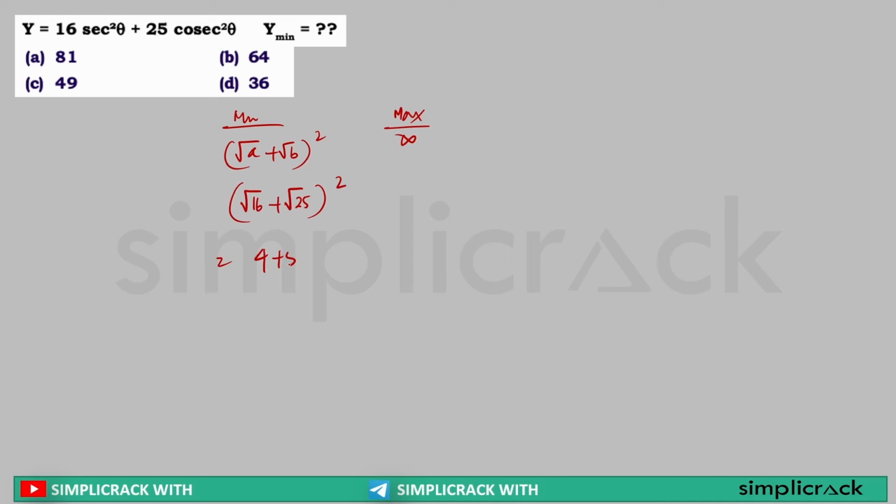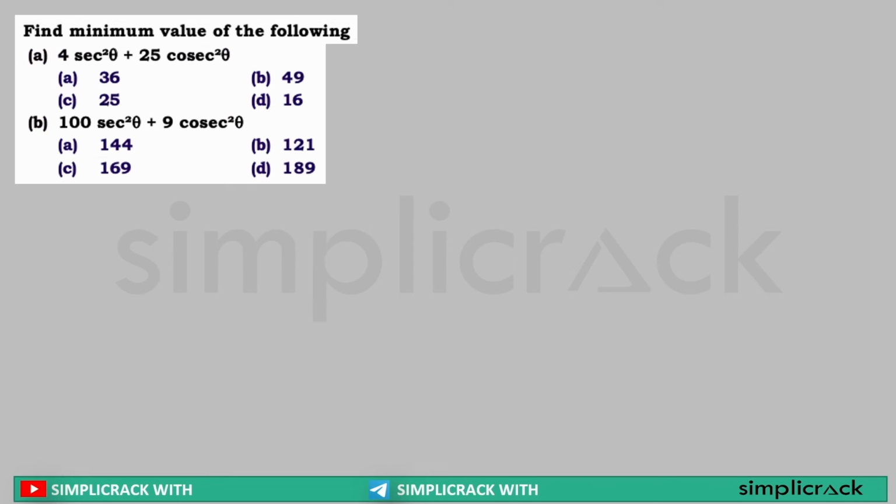Sir, 4 plus 5 whole square, that is equal to 9 square, which is equal to 81. Answer option A. Clear? Yes or no? Yes. Next. Find the minimum value of 4 sec square plus 25. Sir, very simple. Here it is square root of 4 plus square root of 25 whole square, that is 2 plus 5 whole square, that is 7 square, 49.